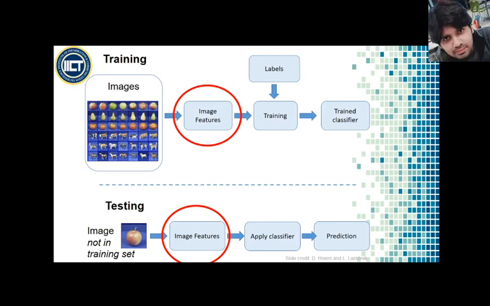So these are the features which could be used for this traditional machine learning pipeline for this particular step, which is image features. Sometimes it is also known as the feature extraction step.